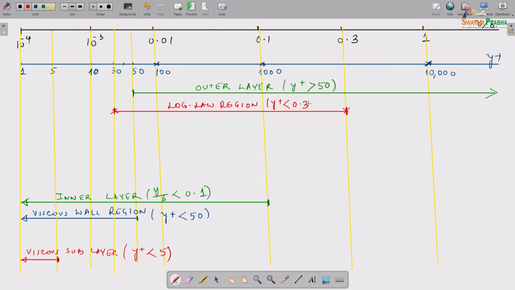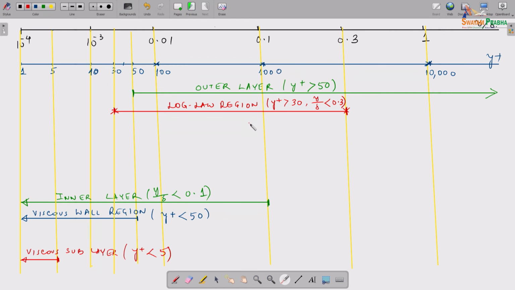So y plus is greater than 30 and y by delta is less than 0.1, or we could say it's up till here.